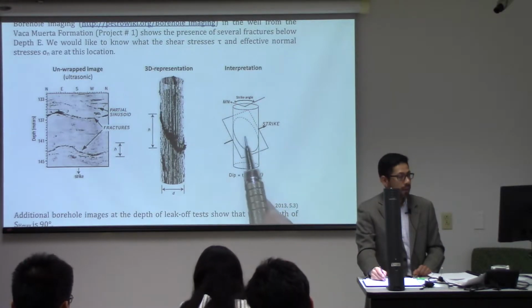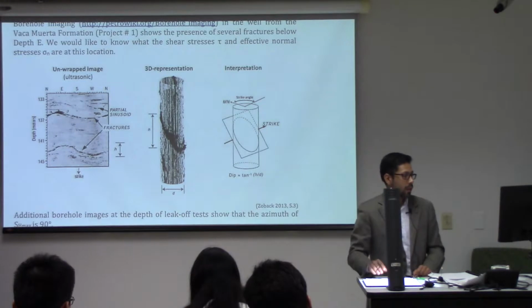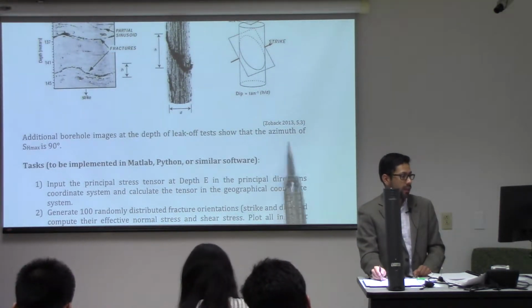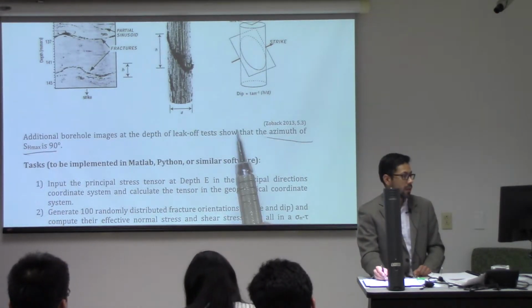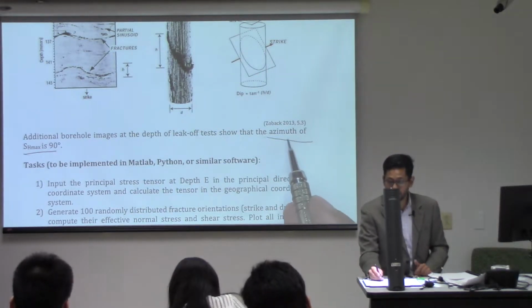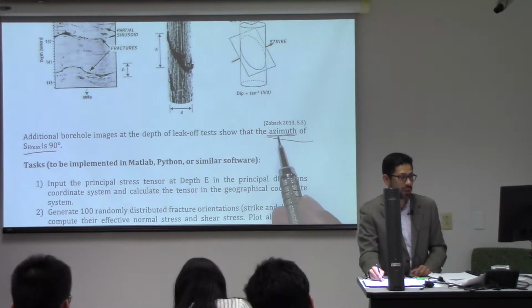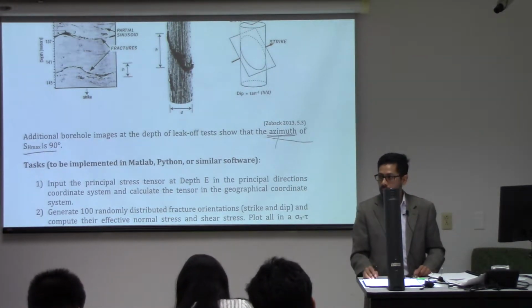We define the dip of a plane with respect to a horizontal plane. In practice, we define the orientation of stress with respect to the north or to some geographical coordinate system. This is the key word that you need here, azimuth. It refers to orientation from the north.